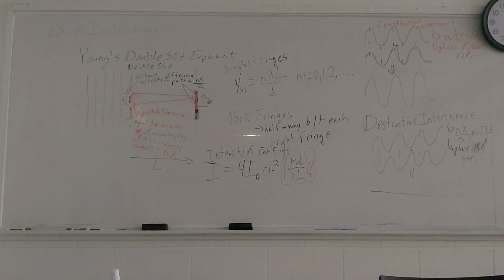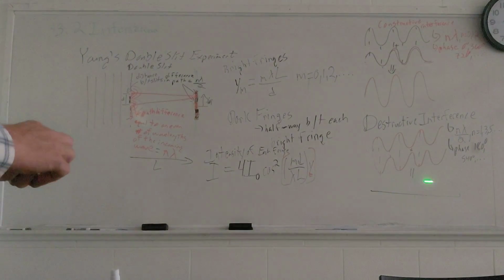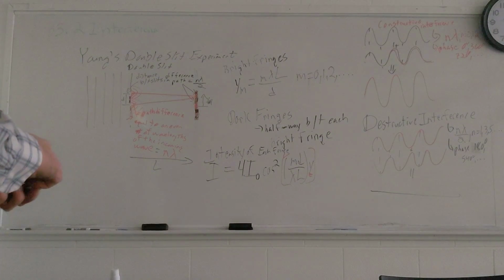Alright, maybe you can, maybe you can't see it. That's the way it works. When we get to diffraction gratings, you'll definitely see that a whole lot better. All right. So that's Young's double slit.